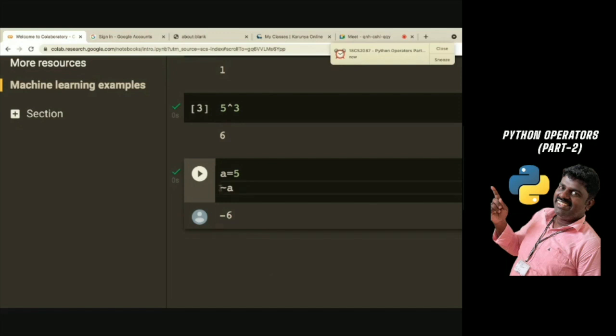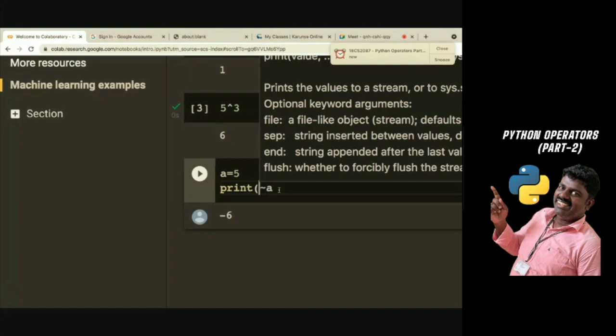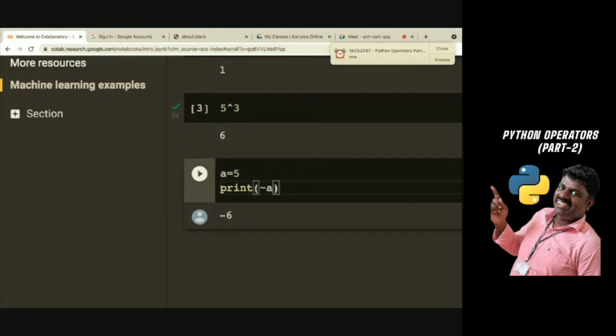The negation of A is minus 6. Minus 6 means if you put that, you will also get 250.